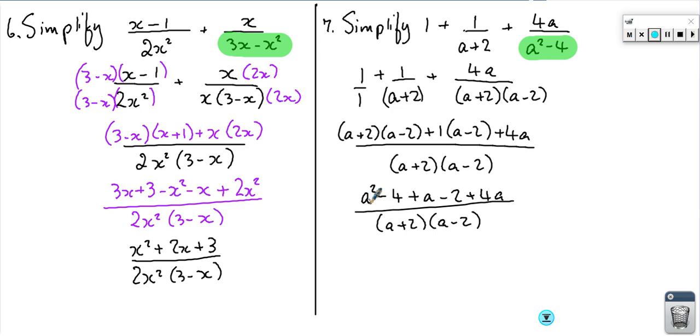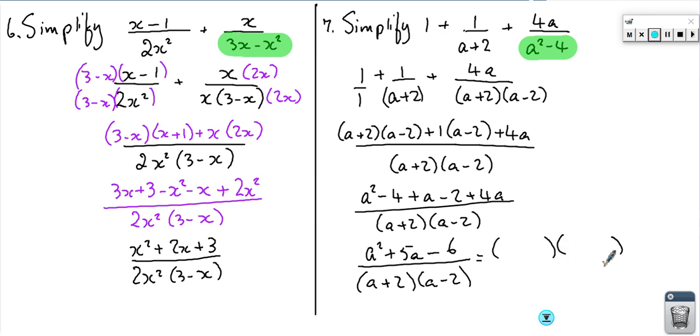I'm going to simplify top, so I have a squared plus a plus 4a is plus 5a, minus 4 minus 2 is minus 6, all over a plus 2, a minus 2. This time, a squared plus 5a minus 6 does factorize, so we're going to get a and a.